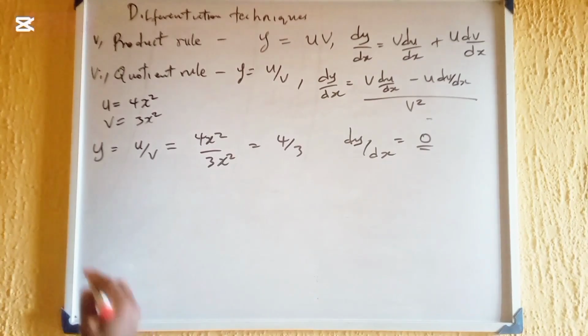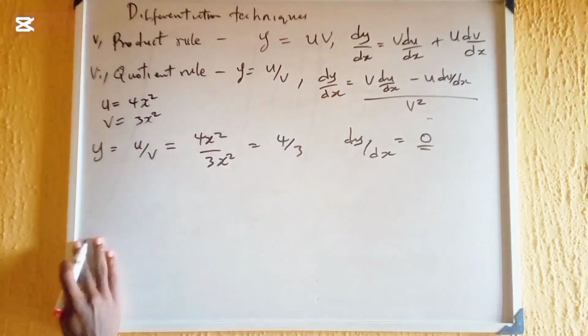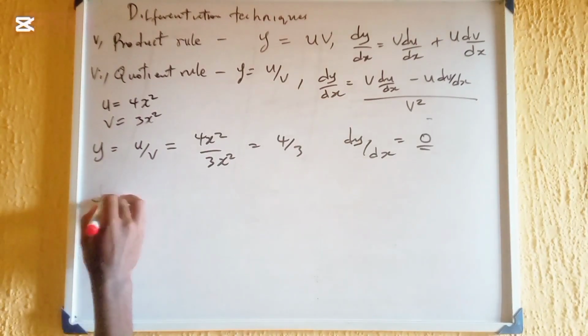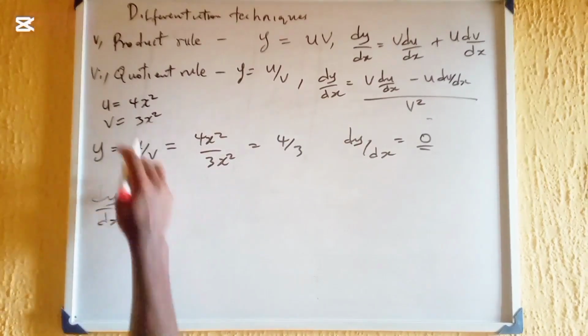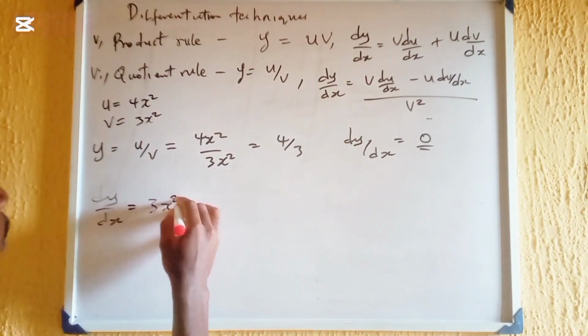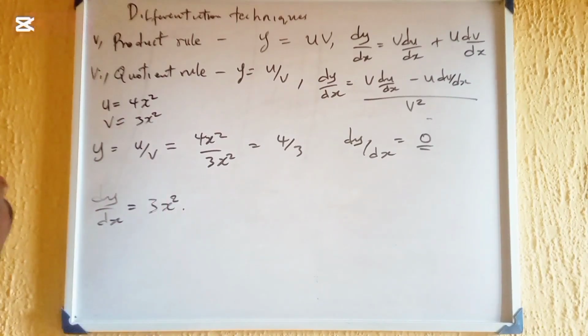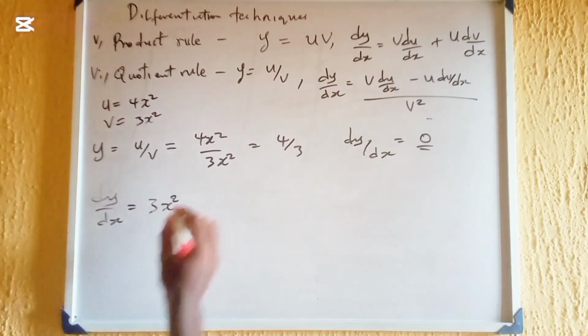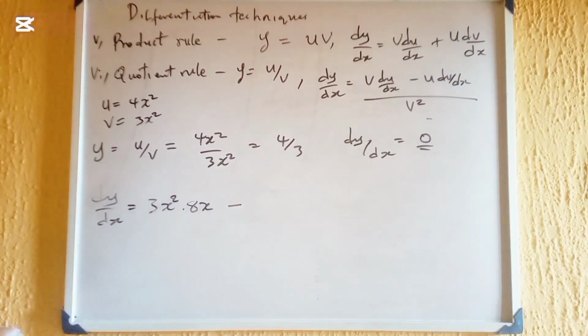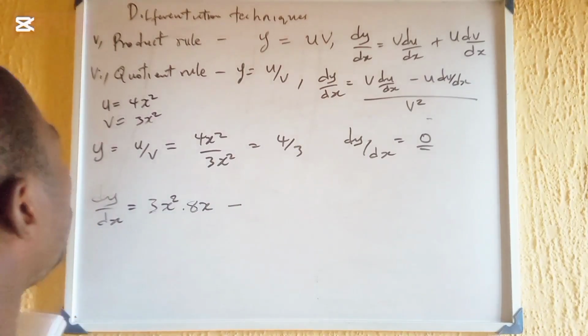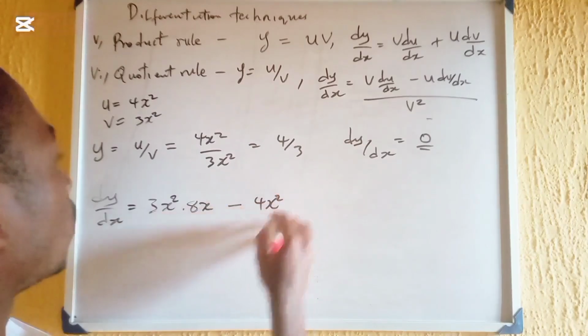So let's verify using the rule we have. We'll be having dy/dx equal to v du/dx, and our v is 3x squared. Differentiate u with respect to x, you are having 8x, minus u dv/dx. Our u is 4x squared.